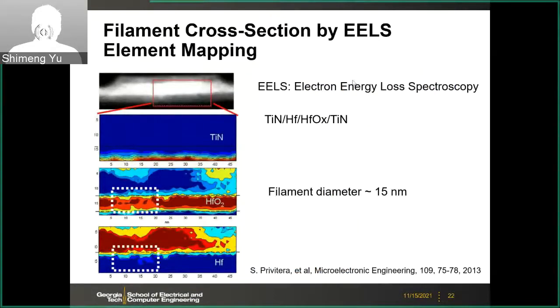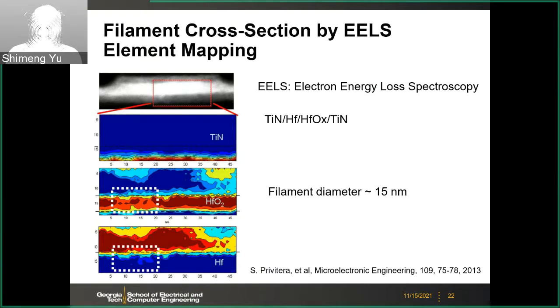And also, this paper looked at the cross-sectional view by EELS, electron energy loss spectroscopy. So it basically has an element map of this region. It can look at the oxygen profile in this region. So in this region, after set, we see less hafnium oxide, HfO2. That means less oxygen in this part.